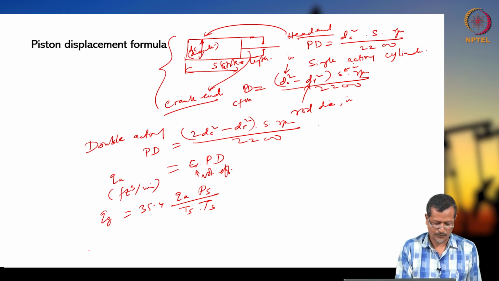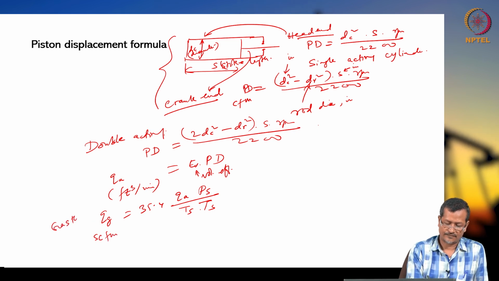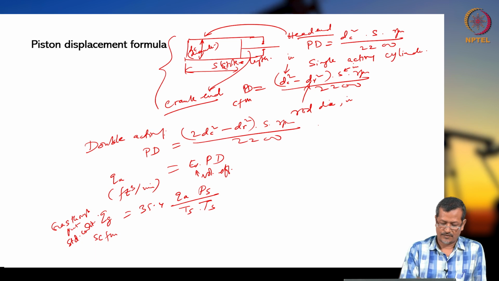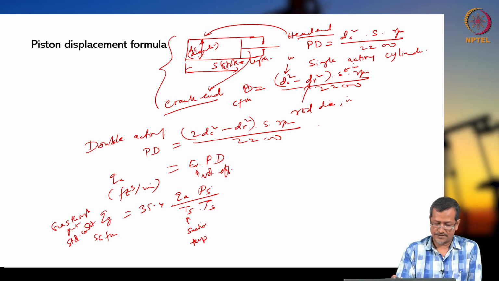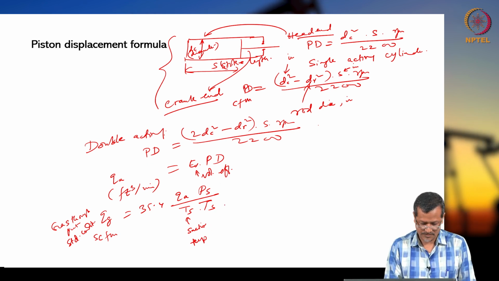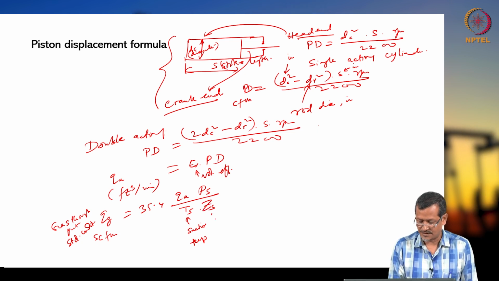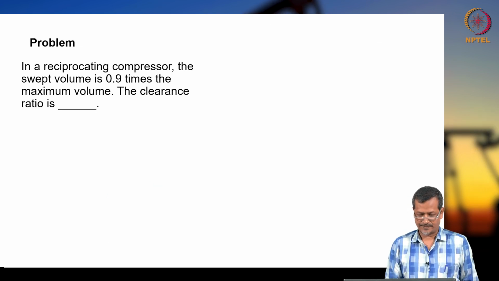QG is the gas throughput at standard condition, in SCFM. TS is the suction temperature, PS is the pressure, and Z is the compressibility. We will go to the problem now, a simple problem actually.